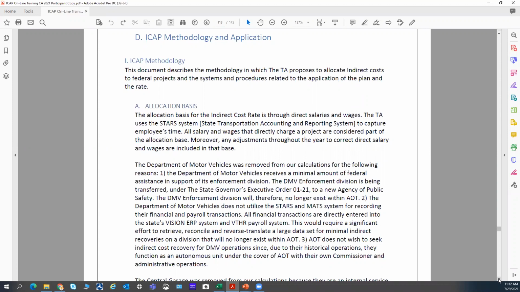And so what you see here is also in their standard operating procedures in developing their indirect cost rate. So that's good.